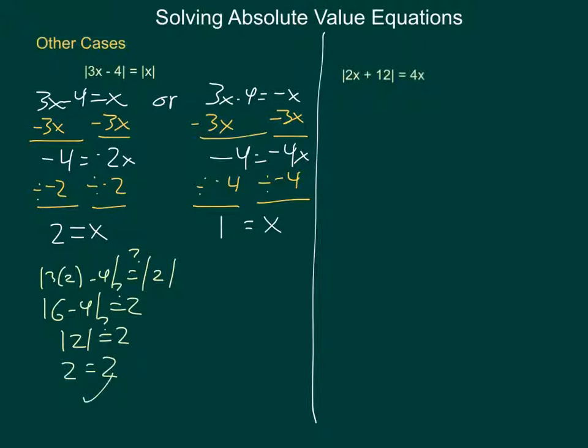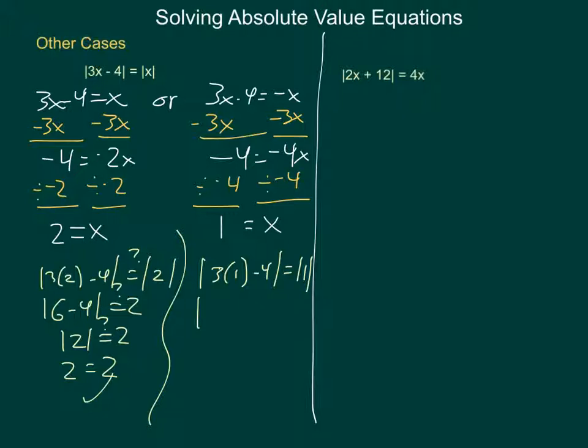Okay. Right-hand solution: the absolute value of 3 times 1 minus 4 is supposed to equal the absolute value of 1.